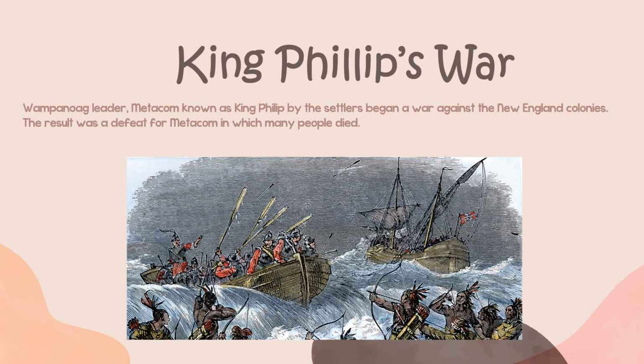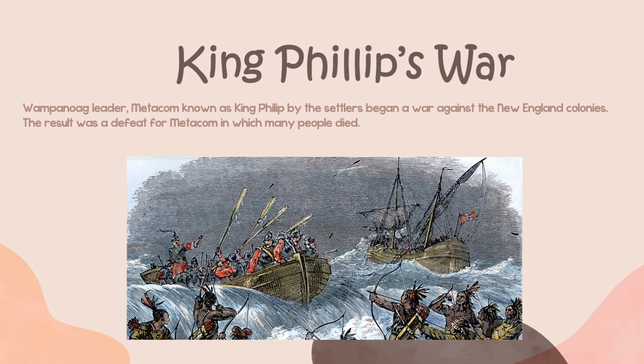Not all American Indians supported Metacom, though. Some of them decided to join the colonists in war. The reason why some American Indians decided to side with the English settlers was that they thought that if England won this war against King Philip or Metacom, then the settlers would allow them to keep their land.